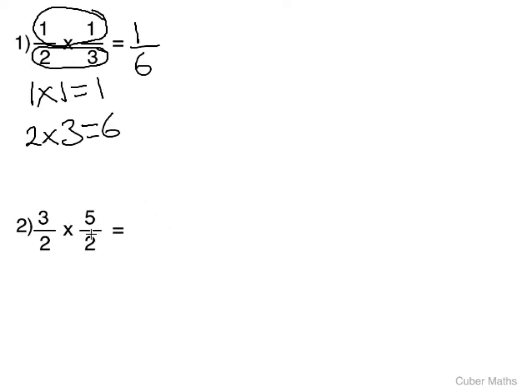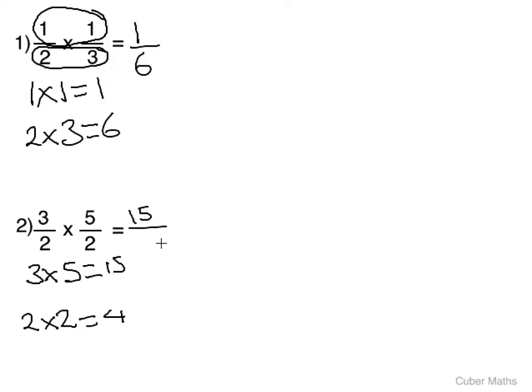So again, if we treat it as two separate equations, we've got 3 times by 5 and 2 times by 2. So if we look at the top half to begin with, we've got 3 times by 5, which gives us 15. So if we write that on the right hand side of our equals, we've got 15 divided by, and if we look at the denominator, we've got 2 times by 2, which gives us 4.